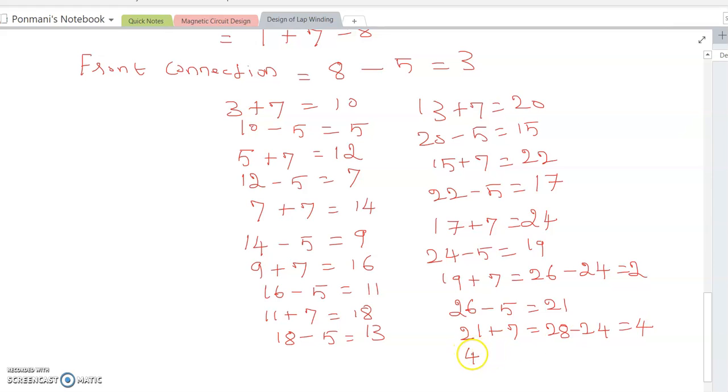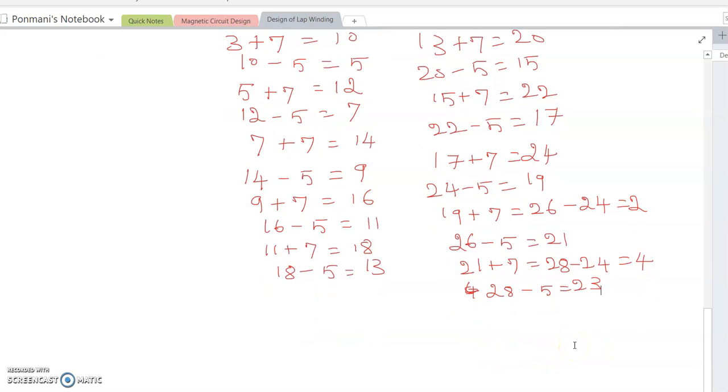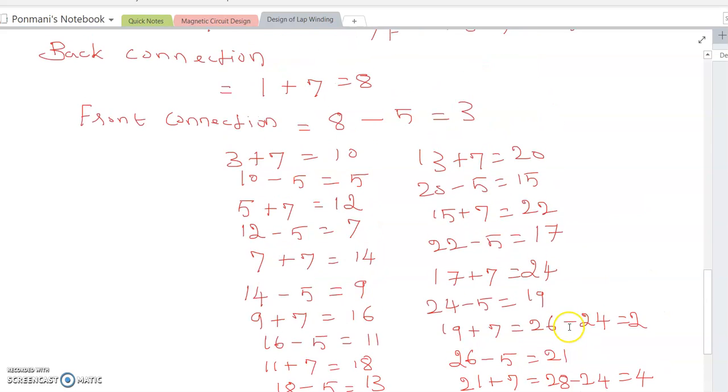Okay, so it is 28 actually. 28 minus 5 is equal to 23. Then 23 plus 7 is equal to 30. So 30 minus 24 is equal to 6. 6 minus 5 is equal to 1. So we are starting with 1 and ending with 1.